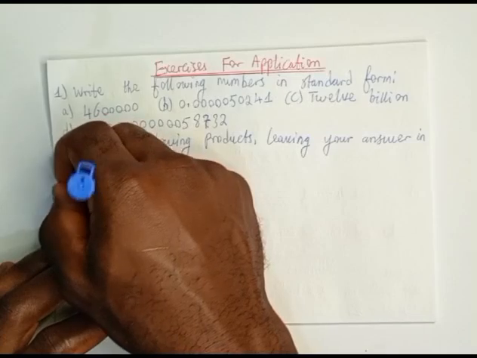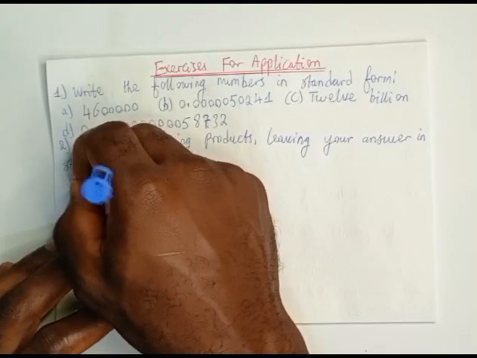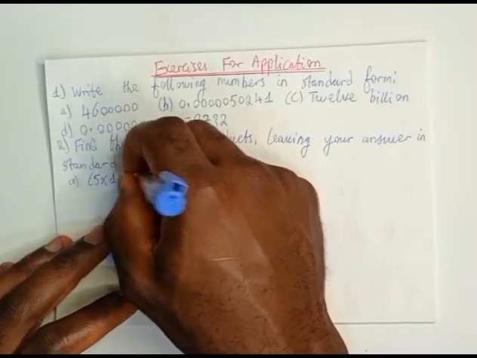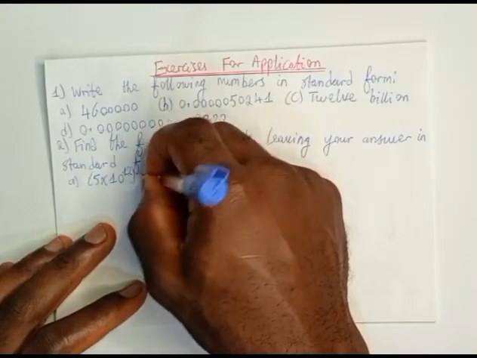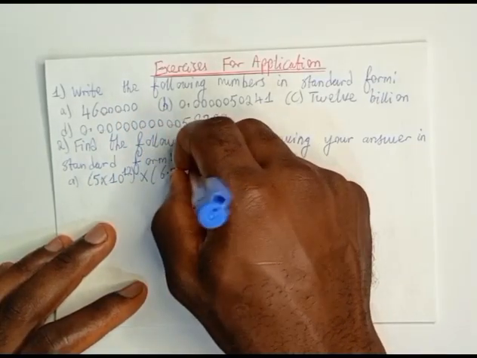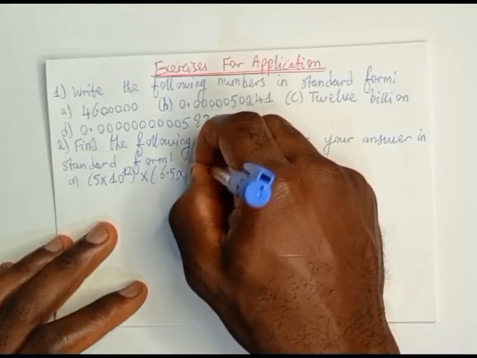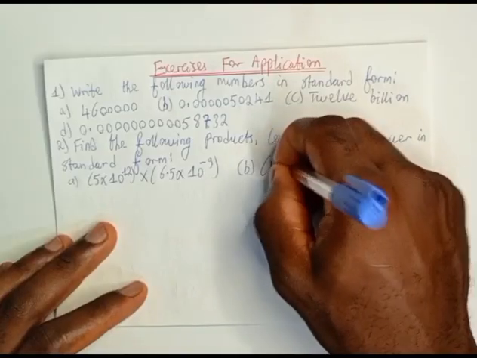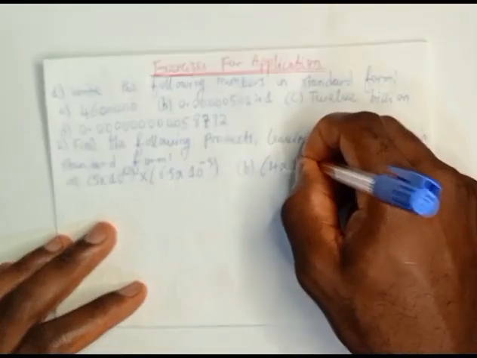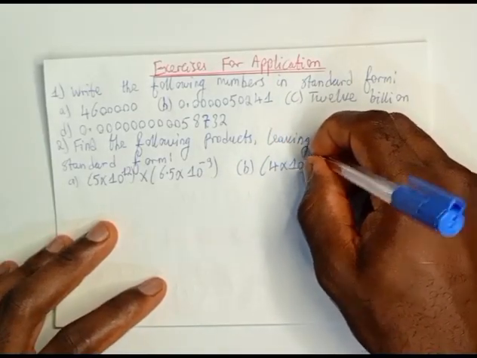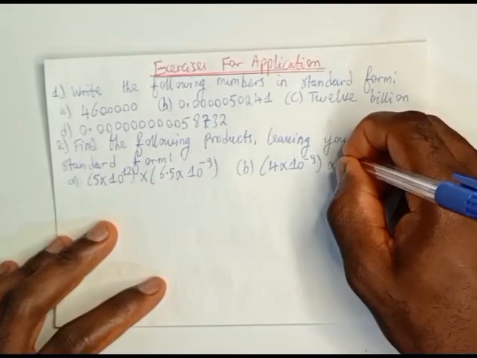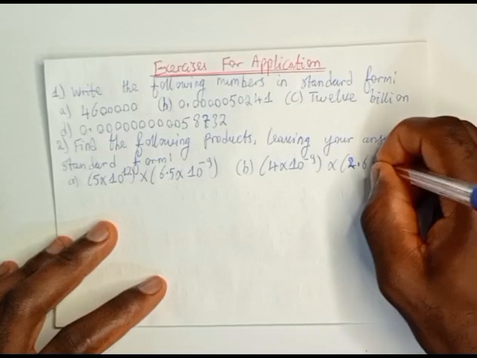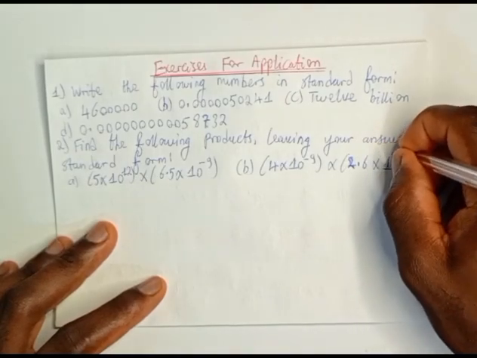For A, we have 5 times 10 to the power 12, all these times 6.5 times 10 to the power negative 9. For B, we have 4 times 10 to the power negative 9 times 2.6 times 10 to the power 14.